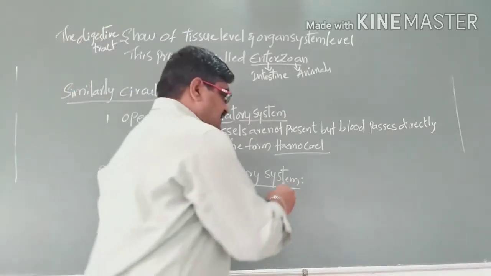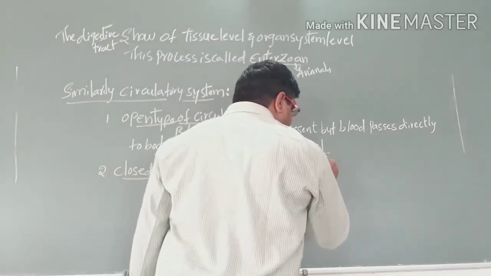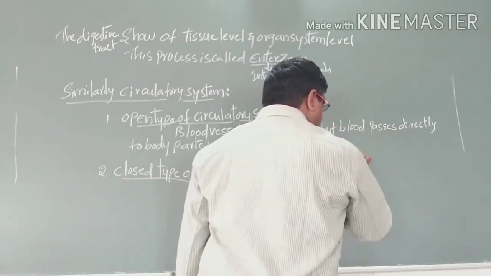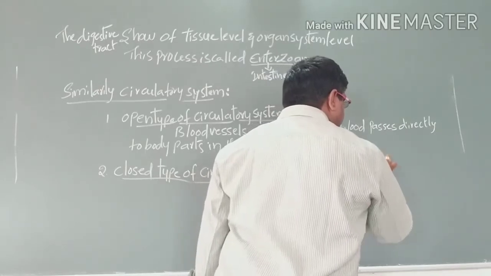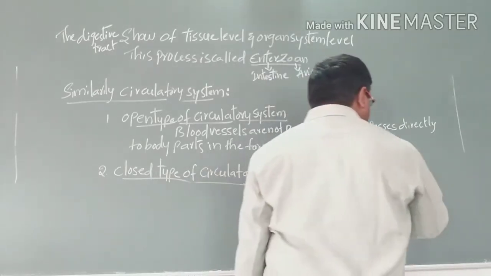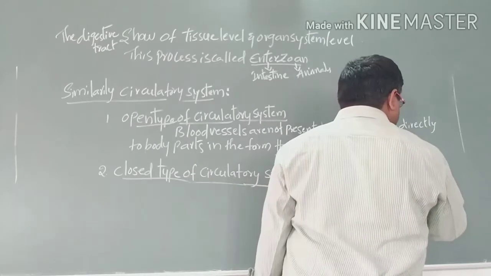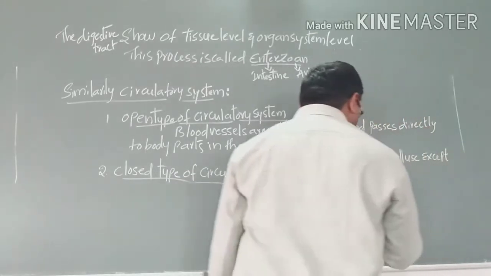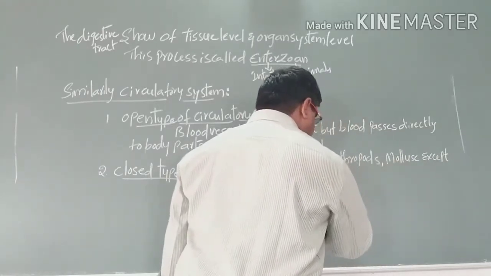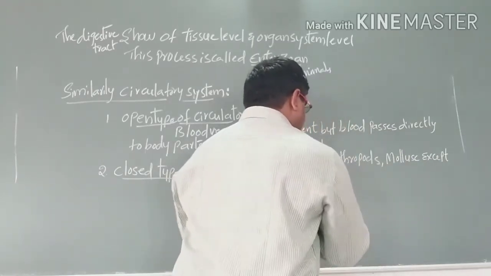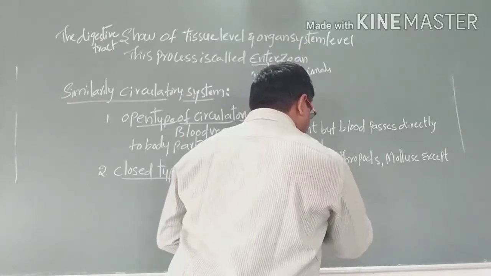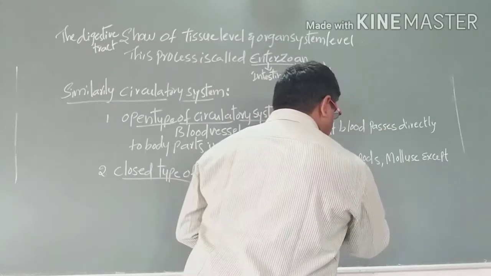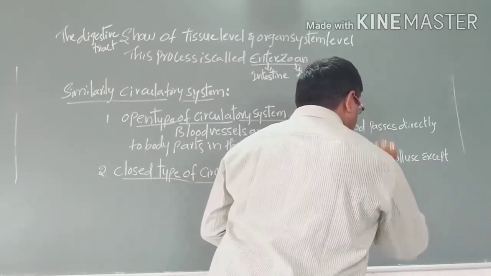As an example, we can see the arthropods and the mollusks except the cephalopods. Understand?